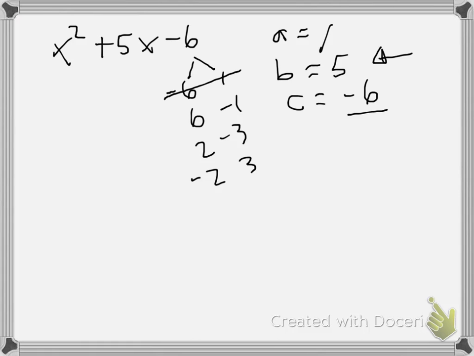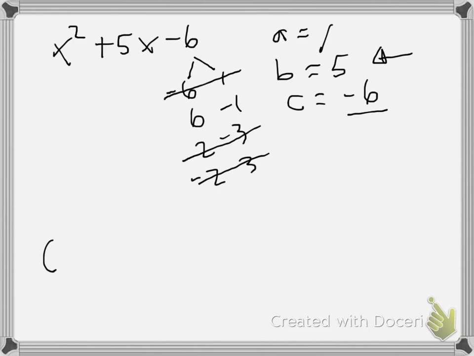So that one is not going to work. 6 minus 1 is 5. So that's most likely our correct answer, but let's check our others just in case. 2 minus 3 gives us a negative 1, so that won't work. And negative 2 plus 3 is a 1, so that doesn't work. So we know that our only answer is 6 and negative 1.